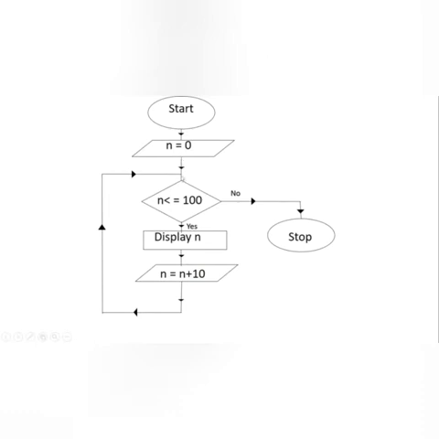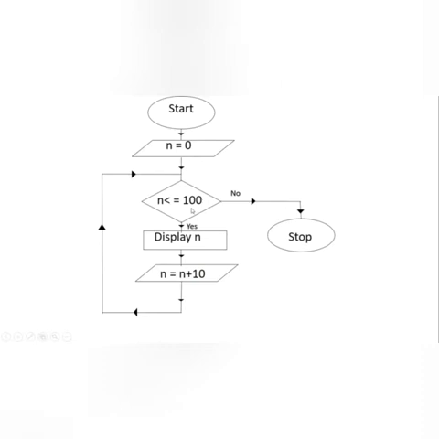So then the data flows, and we meet a boolean or a question where you should decide. They are asking us whether n is less than or equal to 100.